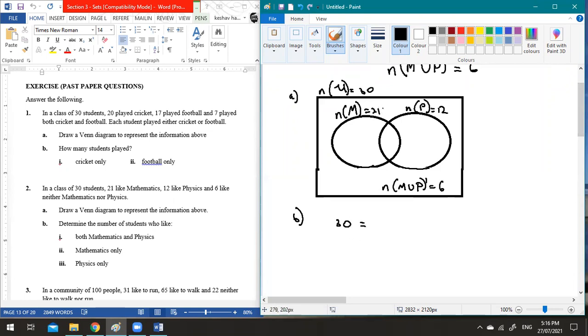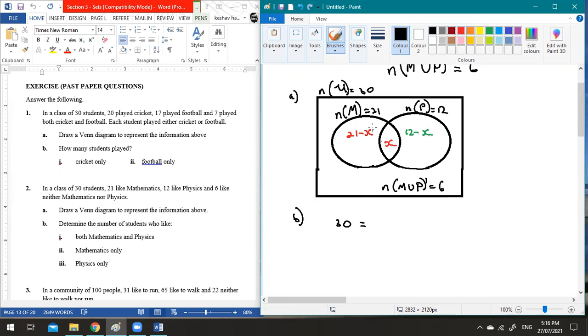And if we call this X for now, 21 students who like maths, this will be 21 minus X for the number of students who like maths only, right? And if this circle represents 12 students, the number of students who like physics only will be 12 minus X. That's X, 12 minus X.